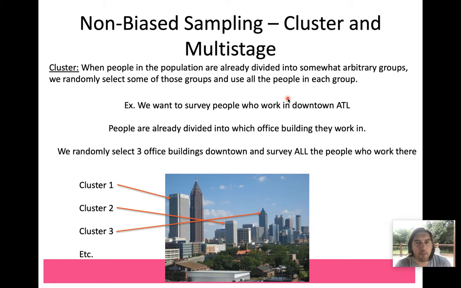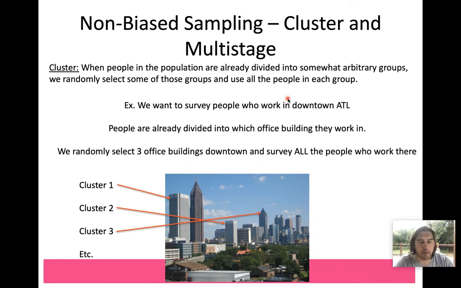Well, people are already divided into clusters in downtown Atlanta, mainly the building in which they work. Let's say that's a cluster, or maybe the block upon which they work. And so what we do is we take advantage of these already existing clusters and we randomly choose 5 buildings in downtown Atlanta. So we identify every office building in downtown.